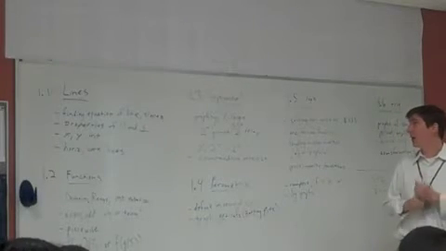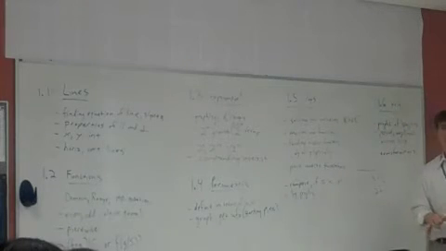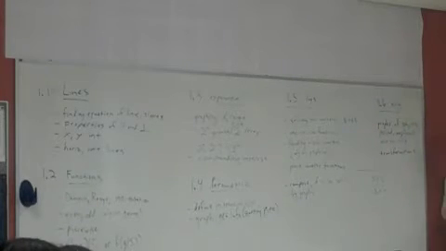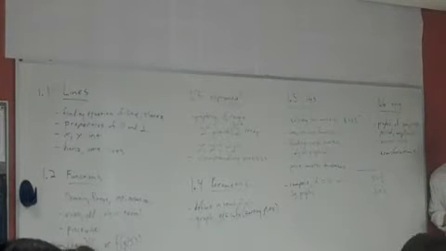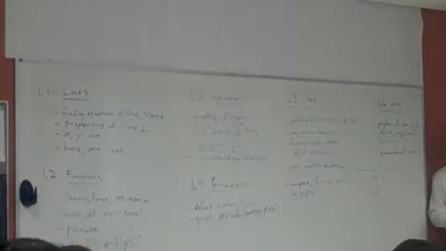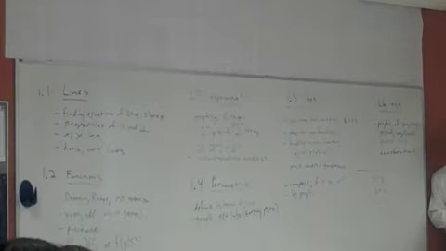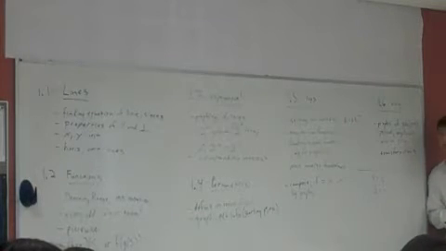In logs, solve for variables, meaning if your variable's up there, how do you get that variable out and get it by itself? One-to-one functions, finding inverses of functions, both algebraically or graphically. Algebraically meaning switch the x's and the y's, and then solve for the y's. Graphically meaning just flip all the x and y points and then you can regraph it.